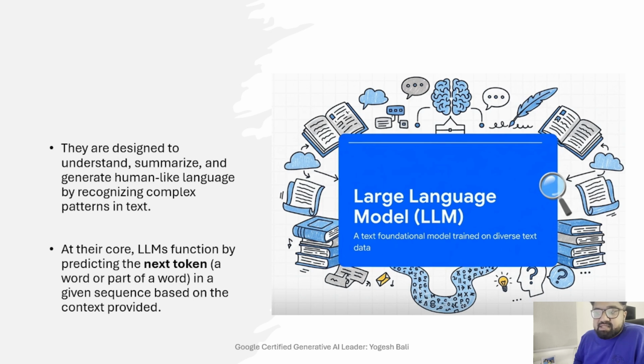They are designed to understand, summarize, and generate human-like language by recognizing complex patterns in the text. At their core, LLMs function by predicting the next token in a given sequence based upon the context provided. So a foundational model is trained on a diverse amount of multimodal data, whereas an LLM is trained on a diverse amount of text data.